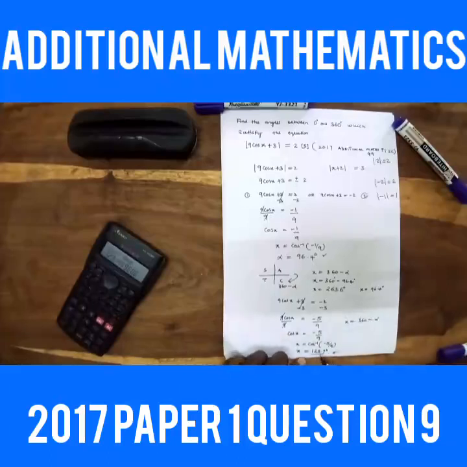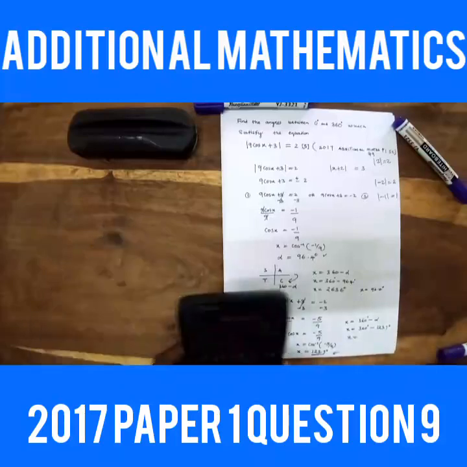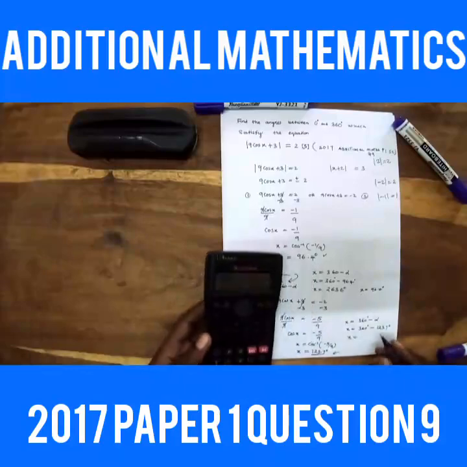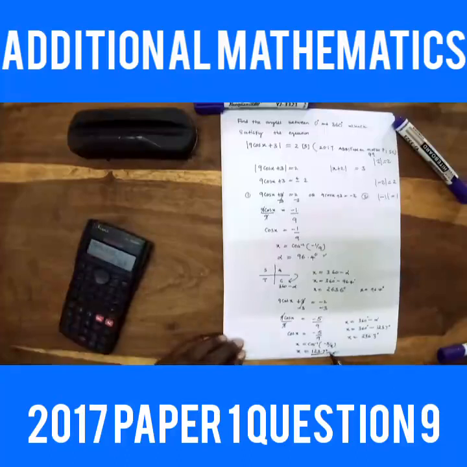My alpha here is 123.7 degrees. So x will be 360 degrees minus 123.7 degrees. So I'm getting x as 236.3 degrees. Since my alpha here is positive, it will also be included in the solution.